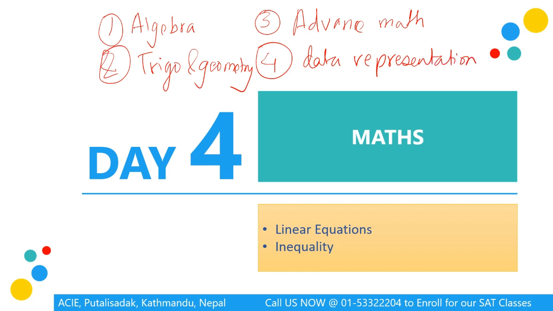So altogether, in the first algebra section, we're going to be dealing with a lot of algebraic equations and a lot about linear equations and inequalities. In our second section, which is trigonometry and geometry, we're going to be dealing with circles and triangles mostly, and obviously the trigonometry of triangles.